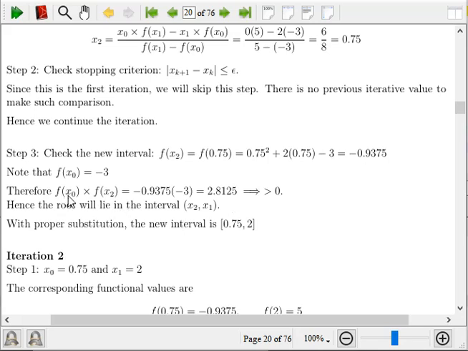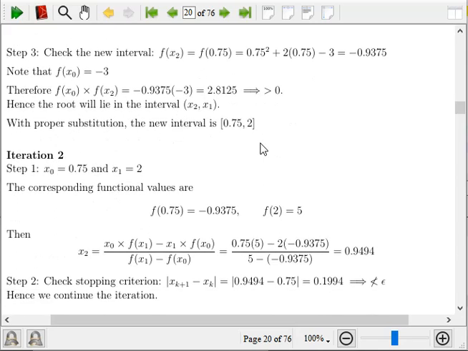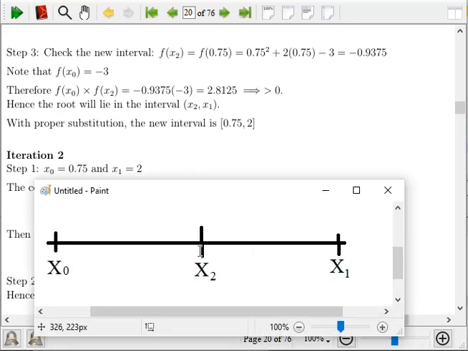So this times that gives us a positive number, which is greater than 0. We computed this and that, and it's a positive number, which implies that the root lies in this particular interval, x2 and x1.